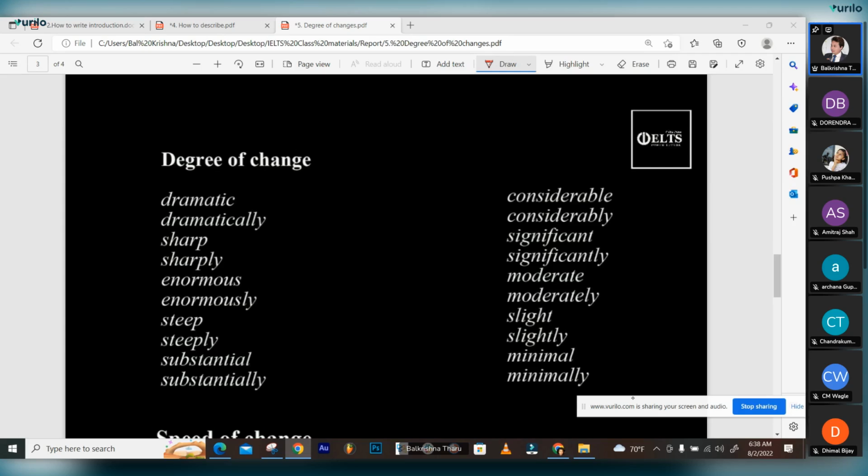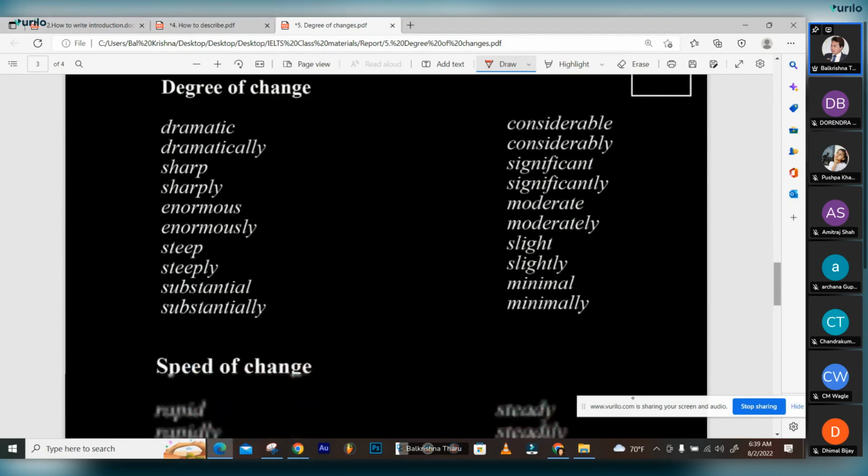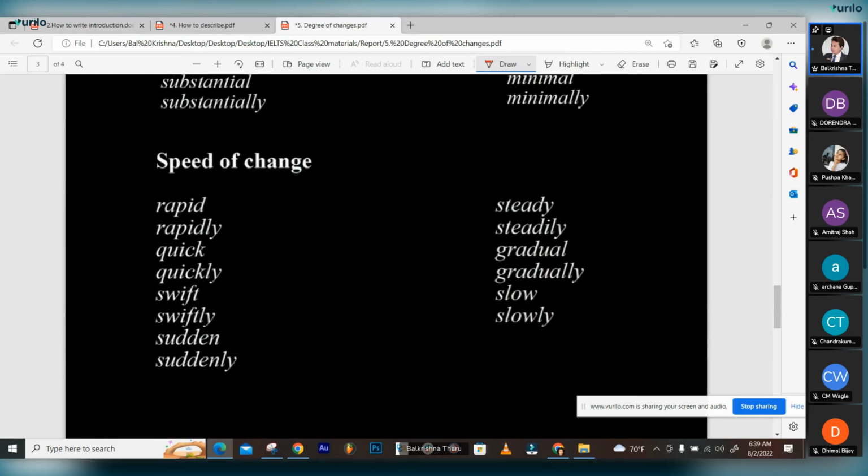Dramatic, dramatically, sharp, sharply, enormous, enormously, steep, steeply, substantial, substantially, considerable, considerably, significant, significantly, moderate, moderately, slight, slightly, minimal, minimally.